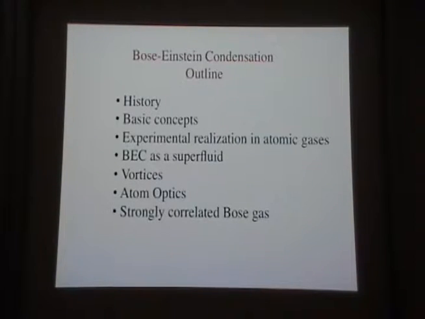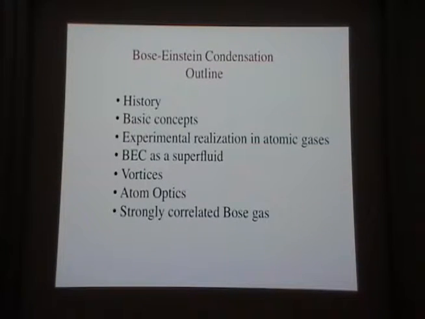So let's move on to Bose-Einstein condensation. Here's a brief outline of what I'll talk about in the next two lectures, actually. I'll give you a little bit of history about BEC, some of the basic concepts associated with Bose-Einstein condensation. Then I'll discuss the experimental realization of Bose-Einstein condensation in dilute atomic gases. One of the interesting features of a Bose-Einstein condensate is that it's a superfluid, and so I'll talk a little bit about that.